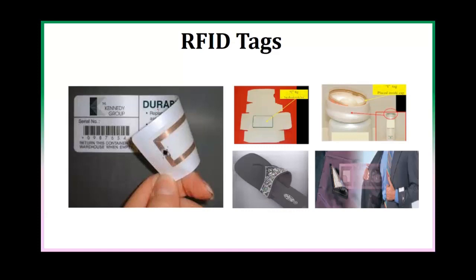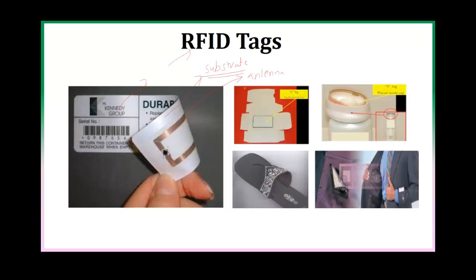So what is this thing? This is your RFID tag. What is this? In general, this is always considered the substrate, and this strip is called your antenna.